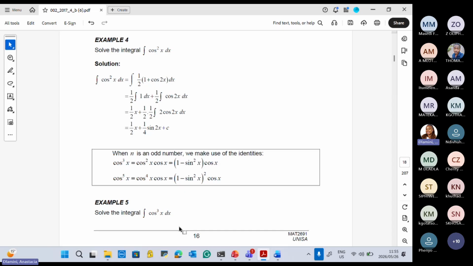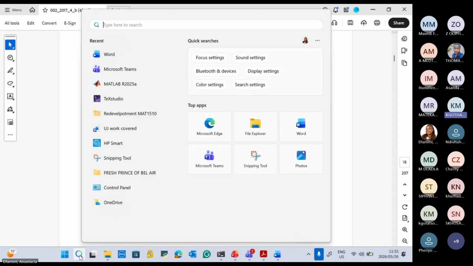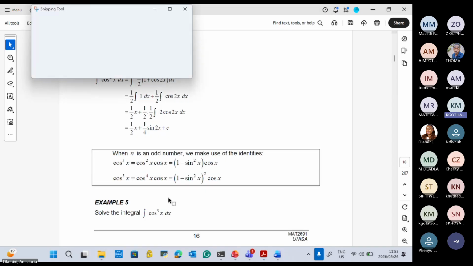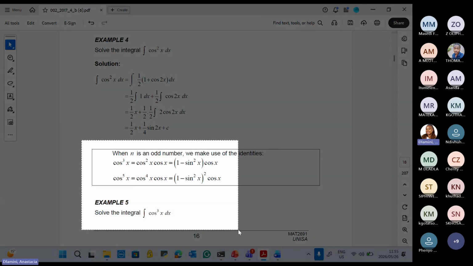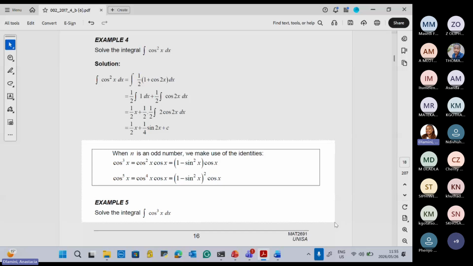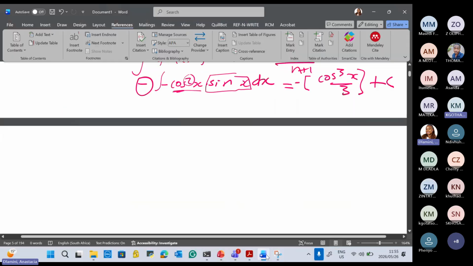It's the same rule as the cos, sine even, but here instead of using 1 minus cos squared, you'll use 1 minus sine squared because you're dealing with cos.